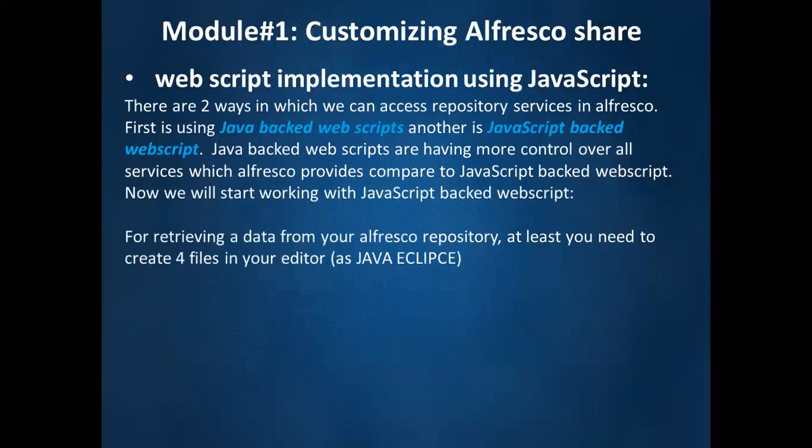You can have other editors, but it is better to work with the JavaScript editor, because if you work with other editors, for deploying your files you need to follow another way, not the way that I will show you today. So it is better to download and set up this Java Eclipse editor.